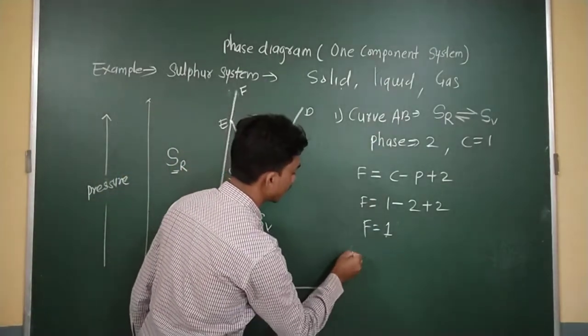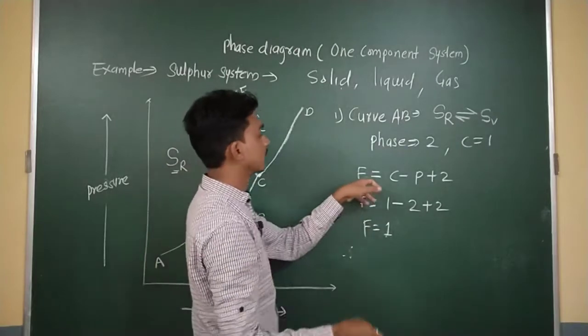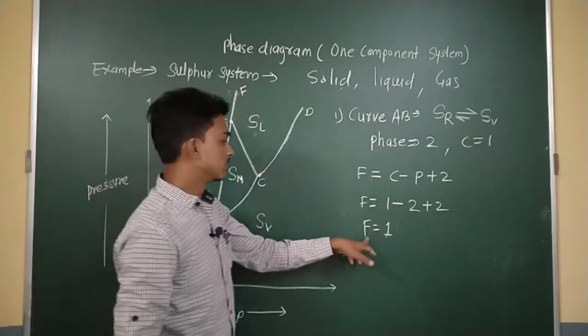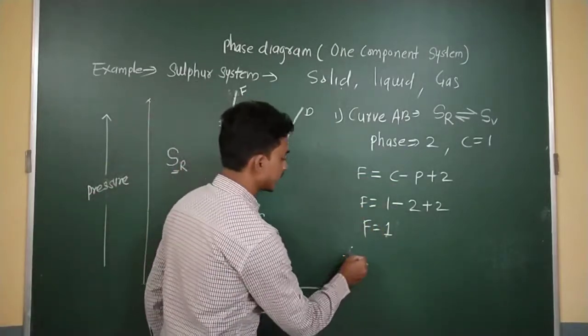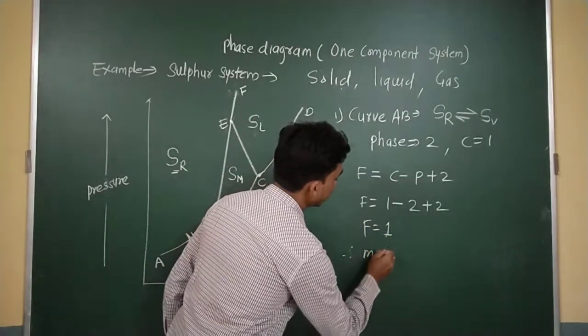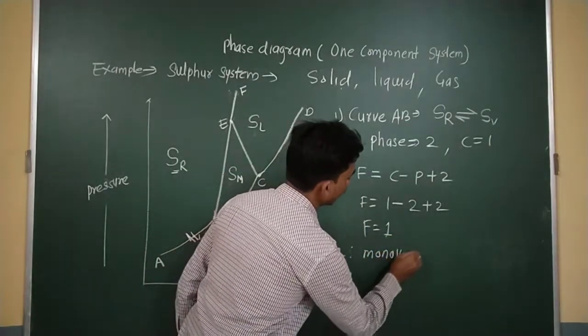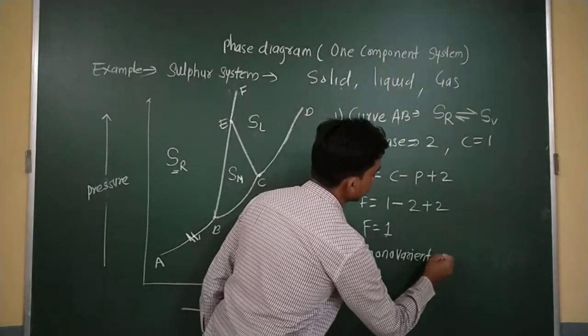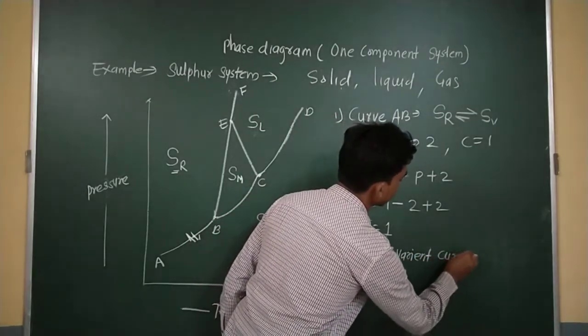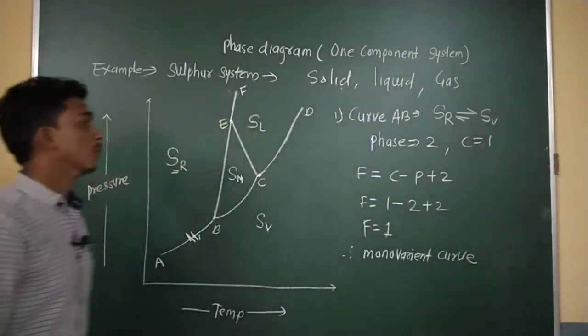By calculating the degree of freedom, it is 1, so this is a monovariant system.